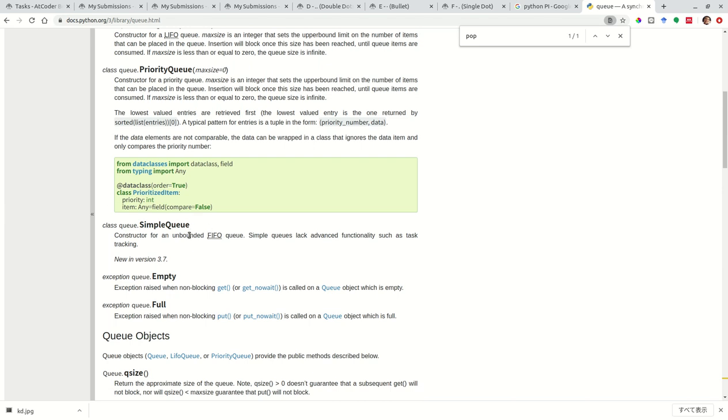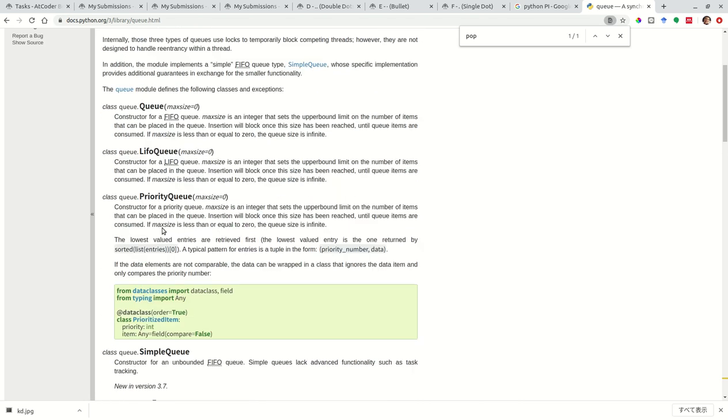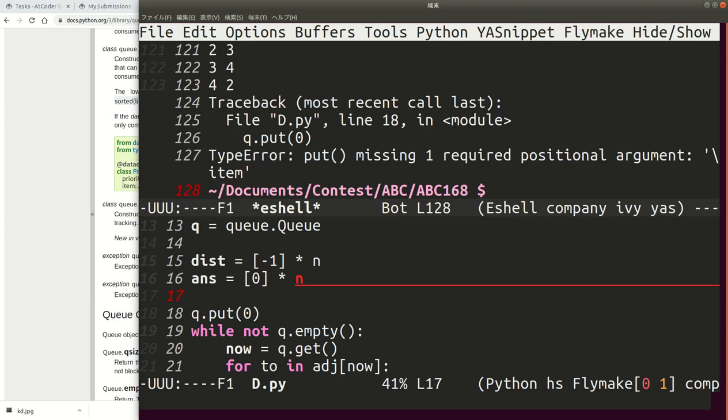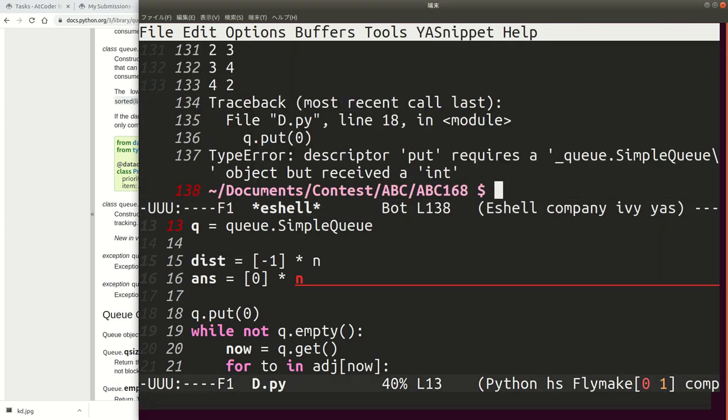Oh, maybe this queue is what we need. Simple queue. Descriptor put requires a queue simple queue object, but received int.